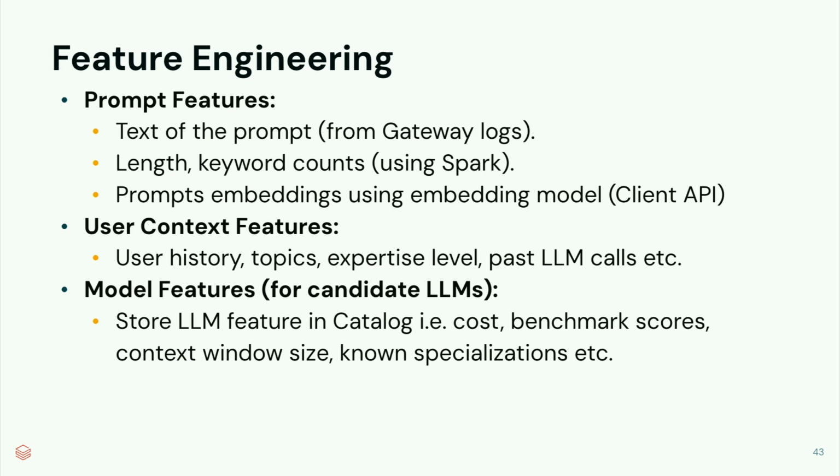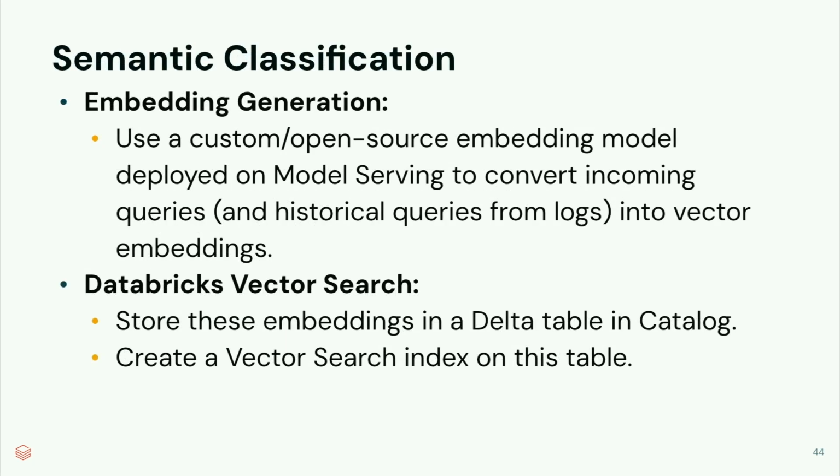So there is a lot of experimentation that can be done on this part, and Databricks does provide the client API, so it is directly callable from there. And on the model feature side, most of the features would be present through pre-processing using Spark and then the catalog.